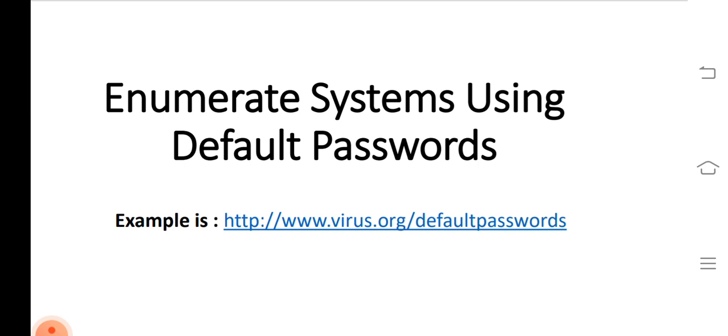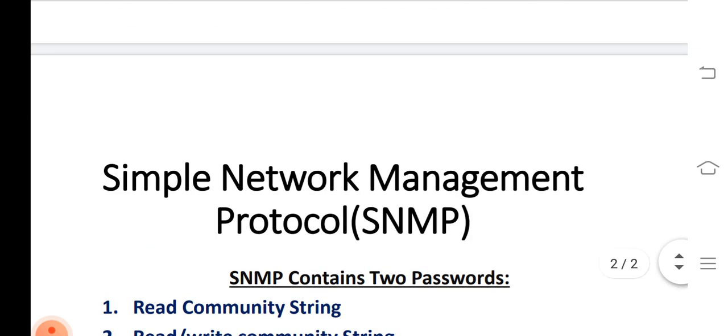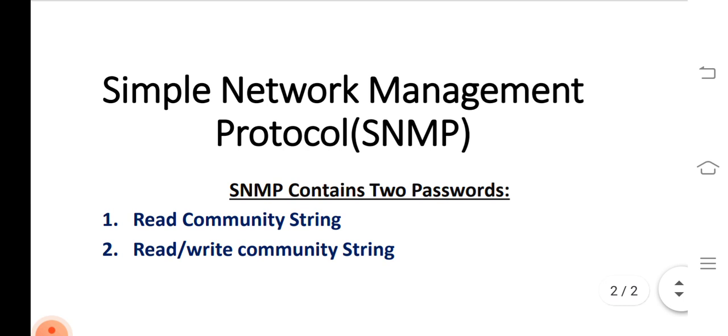Next, SNMP, that is Simple Network Management Protocol. SNMP is an application layer protocol that runs on UDP and is used to maintain and manage routers, hubs and switches on an IP network.